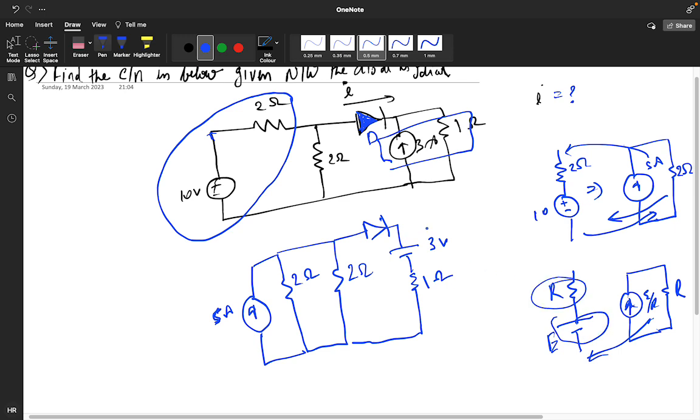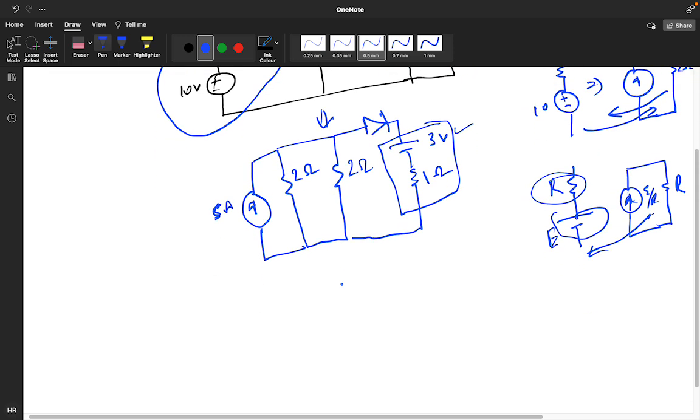So here we have a current and a resistor. So if the current is multiplied with 1 ohm, we will get the potential 3, and that potential will be connected to the same resistor in series. So we transform this particular circuit in this way.